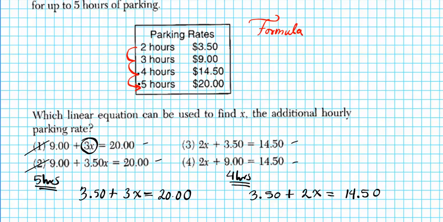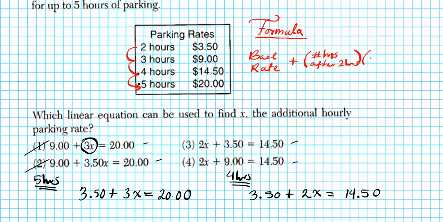So let me just write down the formula that we're using here so that it's clear. The formula is basically the base rate, which is $3.50 up to 2 hours, plus the number of hours after 2 hours. So for example, it's 2 hours after 2 hours, okay?